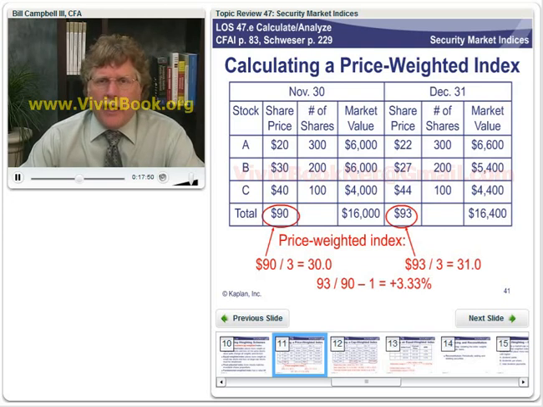If we had a price-weighted index, then we would take the average share price, $20 plus $30 plus $40 over 3. So the average share price is $30 a share on November 30th and $31 a share on December 31st.